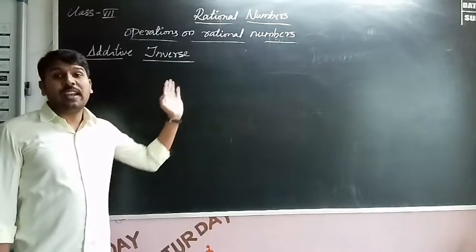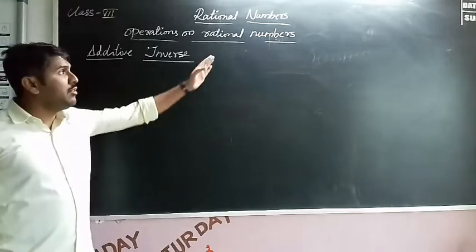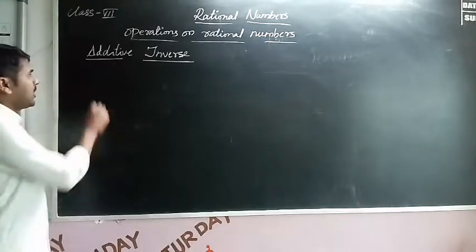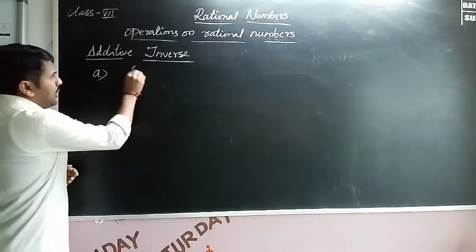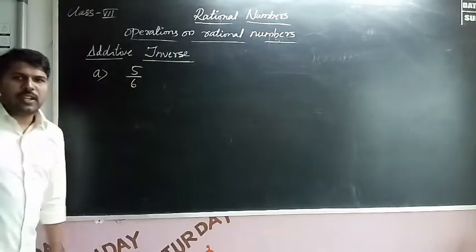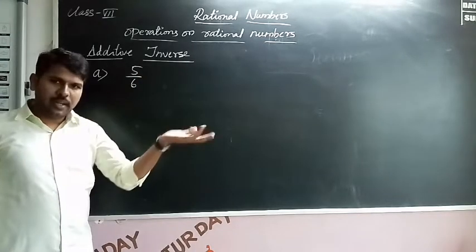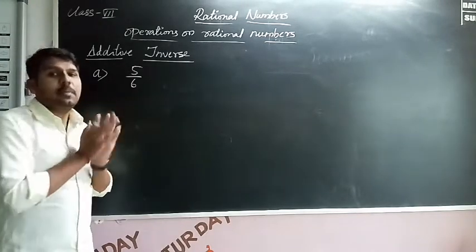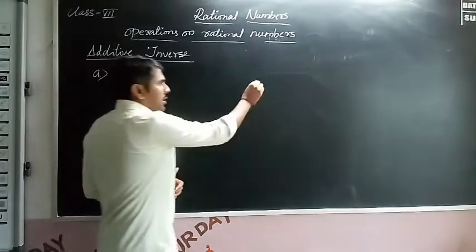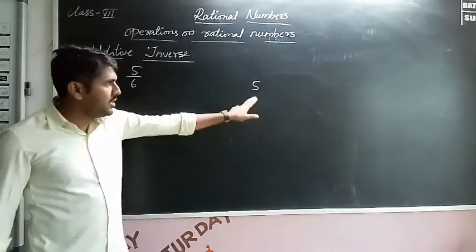Next concept is additive inverse of rational numbers. So how to find that? Take 5 by 6. The additive inverse of any number is the negative of that number. If 5 is there, this is one number.